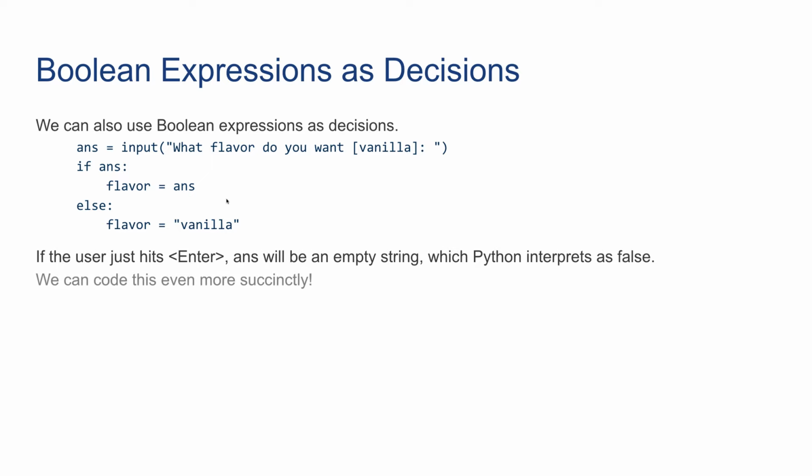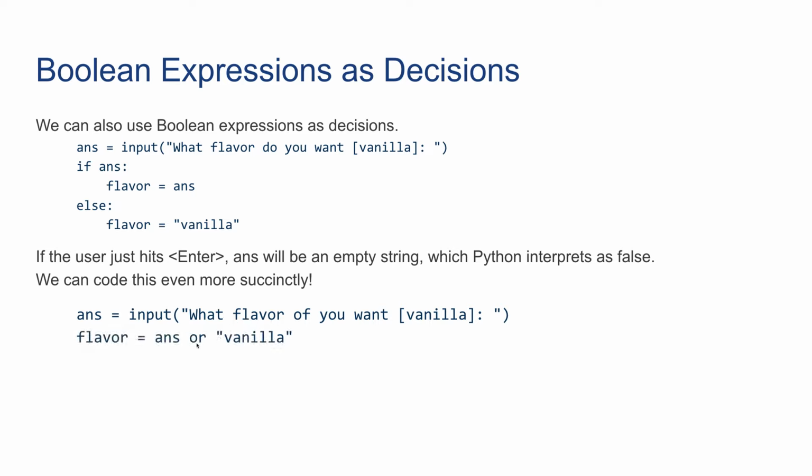Okay. So we can code this even more succinctly. We can say answer is input, what flavor do you want? And the flavor can be answer, ans for short, or vanilla. Remember, in the OR case, we return the first true or the last one. So if answer is true, we'll return whatever the answer value is. Otherwise, we'll return vanilla, so vanilla will be assigned to flavor.